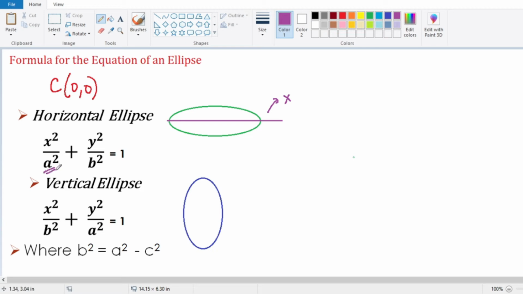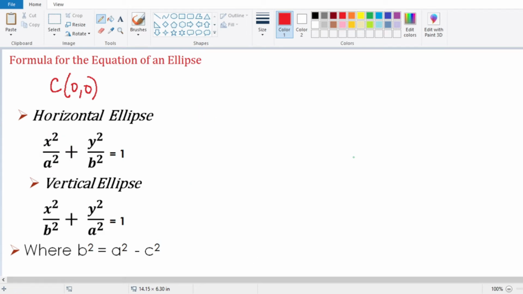That's why yung A natin, which is the location of the vertex up to the center, is located now dito sa ating X. Kaya nasa baba siya ni X. Kapag vertical naman siya, ang ating major axis is located sa ating Y. Okay? And that is from the vertex to the center, that is your A, di ba? And nasa baba siya ni Y. So that would be your clue on what to use for the formula for the equation of an ellipse.